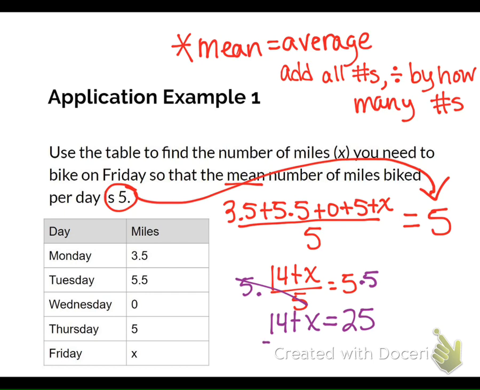Next, we need to subtract 14 from both sides. And that gives me that x equals 11. So that means we would have to bike 11 miles on Friday for our average or mean number of miles biked per day to come out as 5.